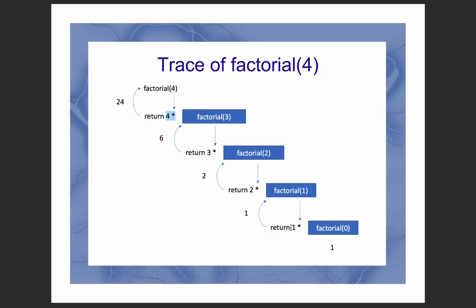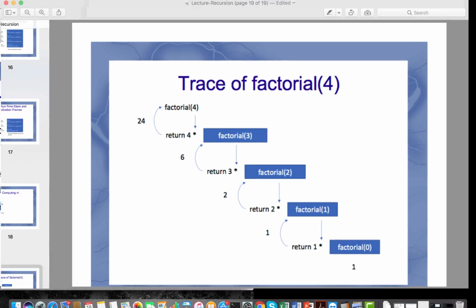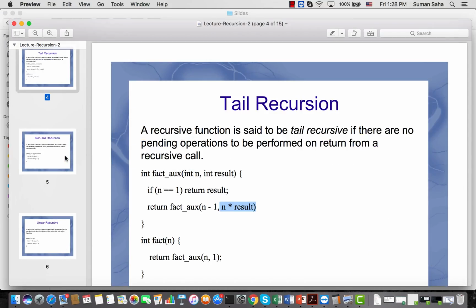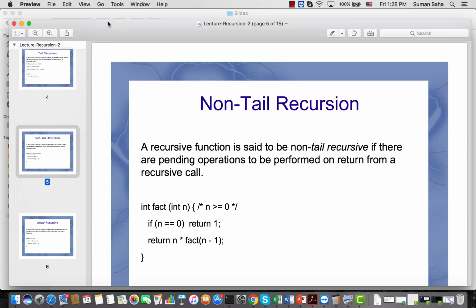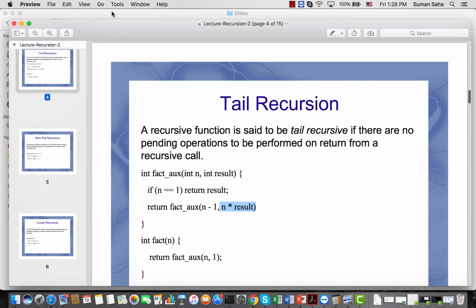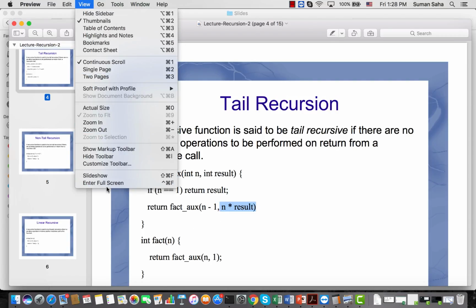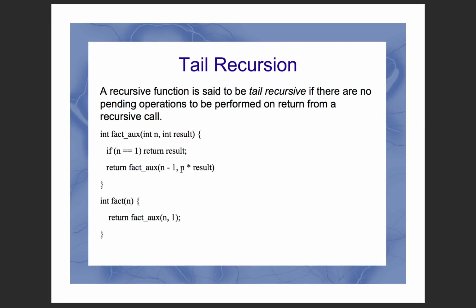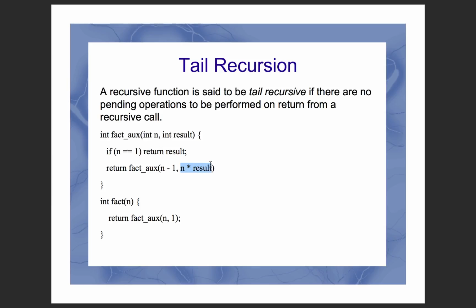So these are the pending operations. These are not happening during the function call. They happen when it reaches the base case, and then it starts to calculate the computations. But here, these computations are happening during the function calls.